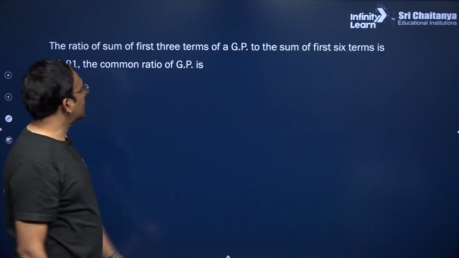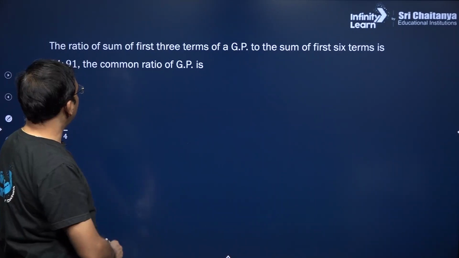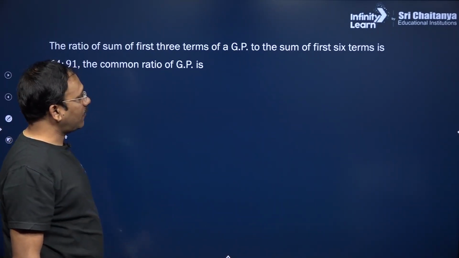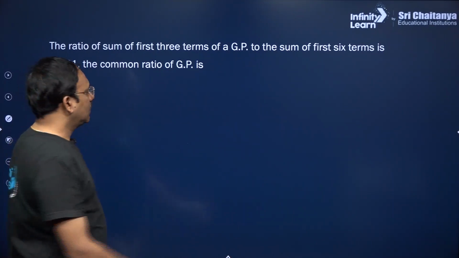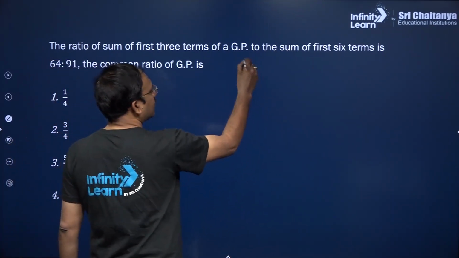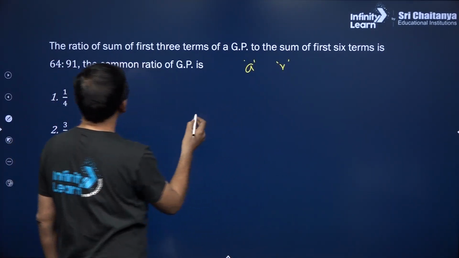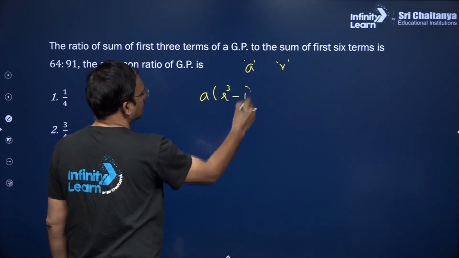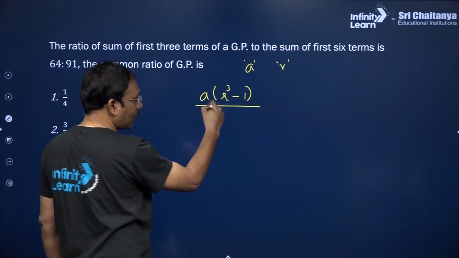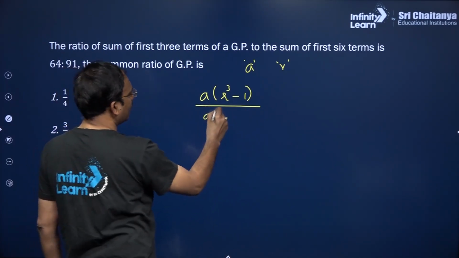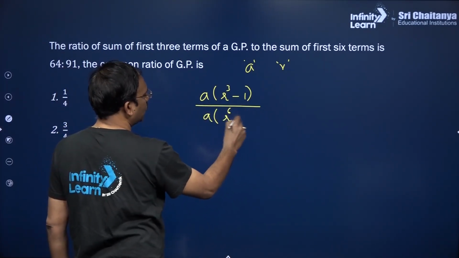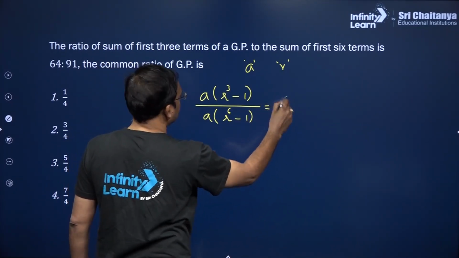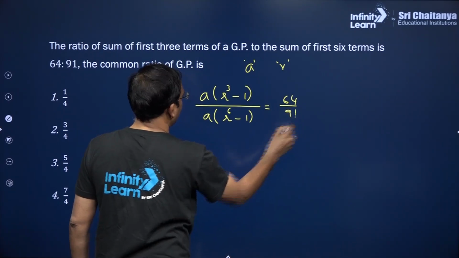Okay. Next, my dear friends, the ratio of the sum of first 3 terms of a GP to the sum of first 6 terms. Suppose in a GP the first term is a and the common ratio is r. The sum of first 3 terms is a times r to the power n minus 1 by r minus 1, and the sum of first 6 terms is a times r to the power of n minus 1 by r minus 1. This ratio is given as 64 by 91, my dear friends.